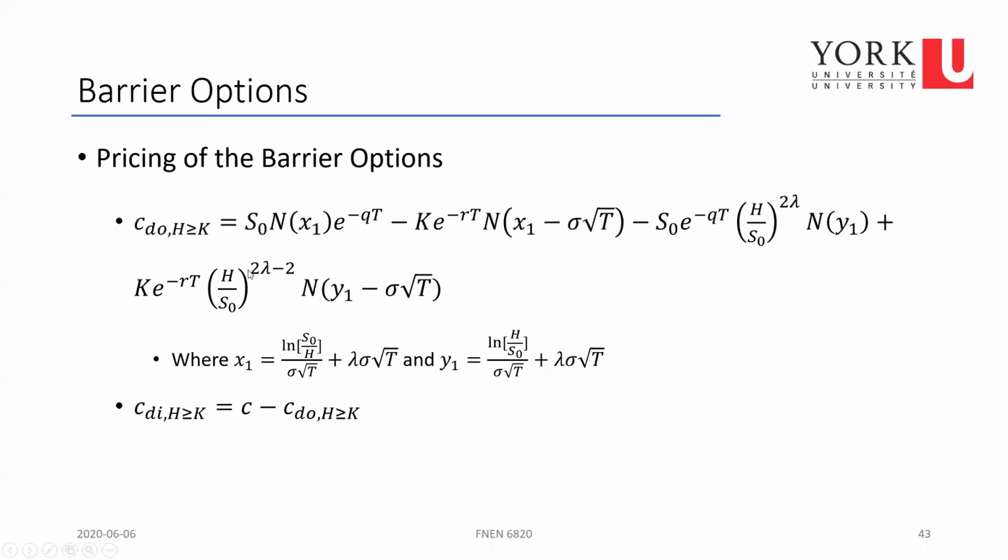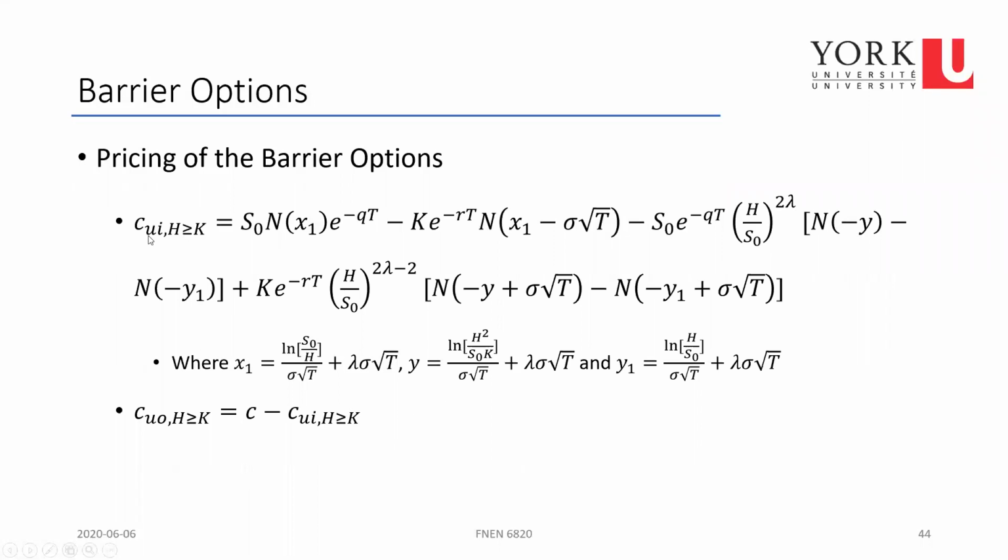Now, if you look at the other condition where the barrier is greater than the strike price, a down and out call will have this form here. And by the same token, a down and in with this barrier condition will be a regular call minus a down and out call.